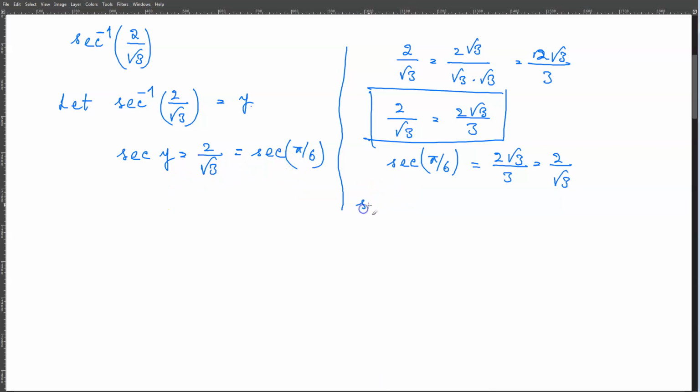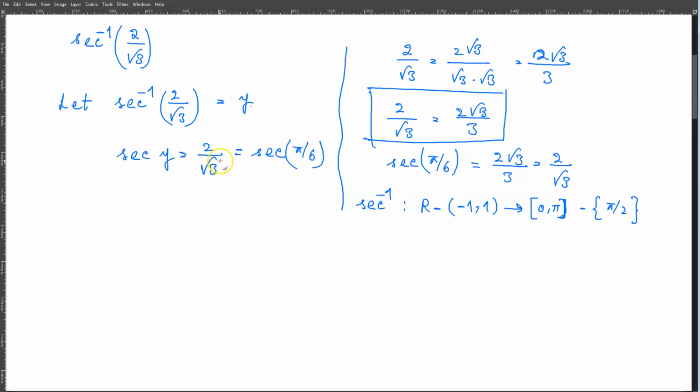We said that the secant inverse function is a function from R minus the open interval of -1, 1 to the closed interval of 0, pi minus pi by 2, right? So 0 to pi, and pi by 6 is in the range of the function. We have no problem.